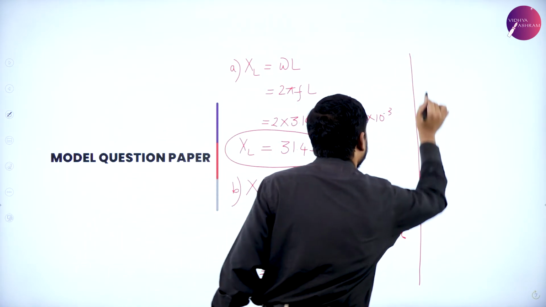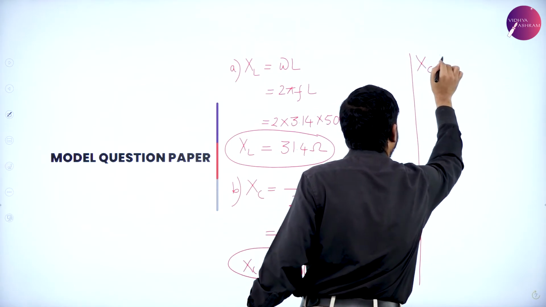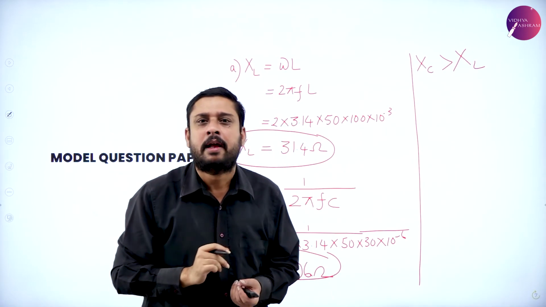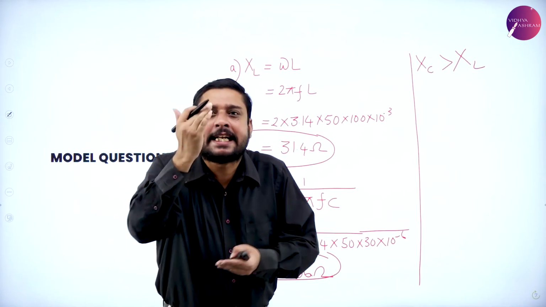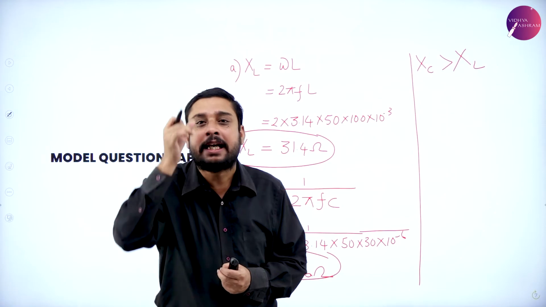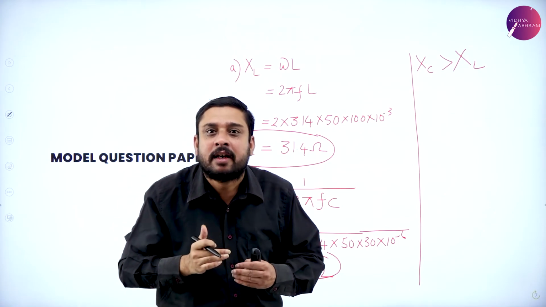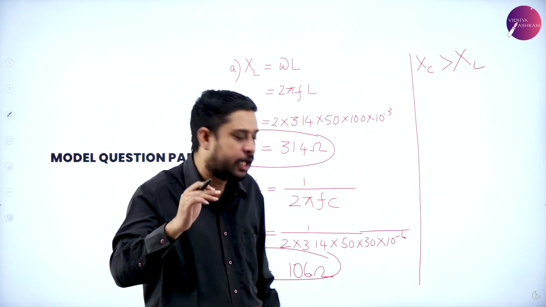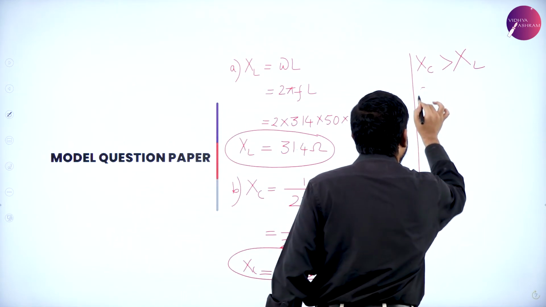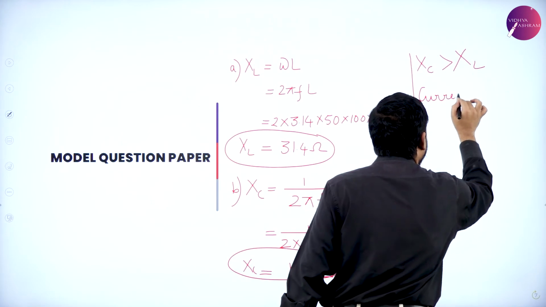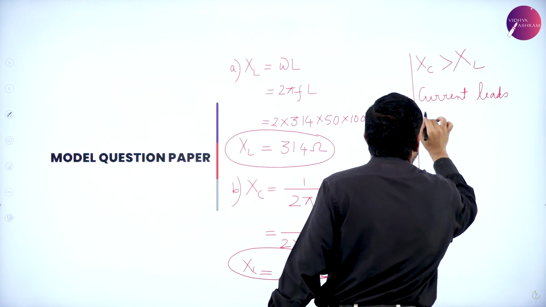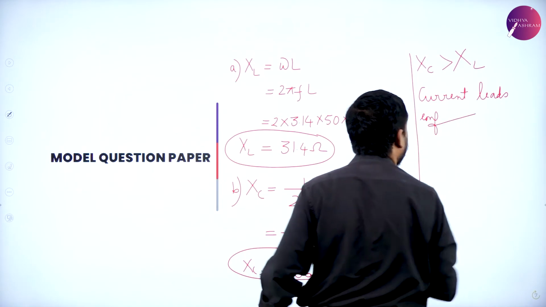So XC greater than XL. If XC is greater than XL, what type of circuit is it? Purely capacitive circuit, which means here current leads EMF.